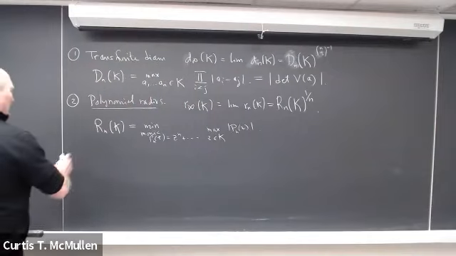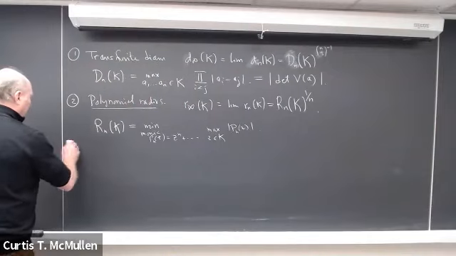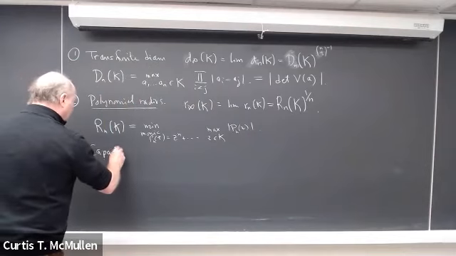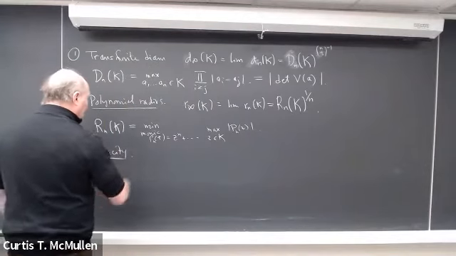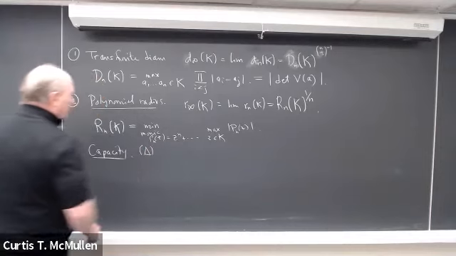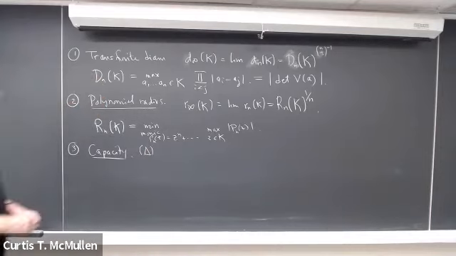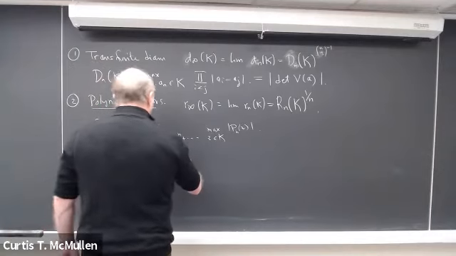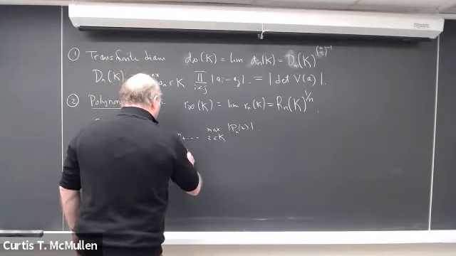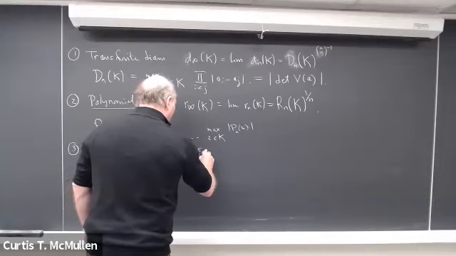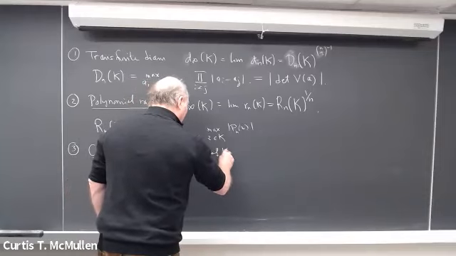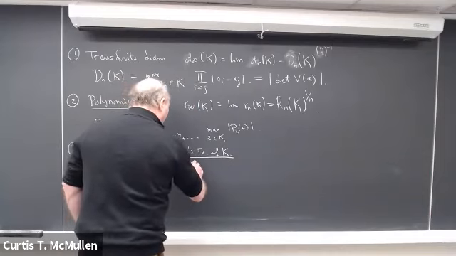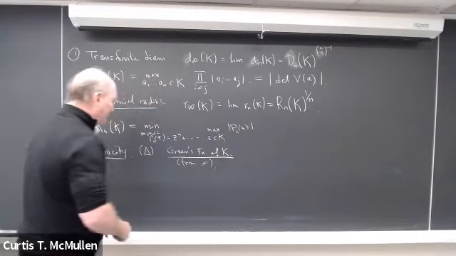And then finally, we're going to introduce a third method, which is called capacity. And this will use the Laplacian. Let me just, for completeness, say up front what the definition will be, and then we'll discuss it in more detail. We look at the Green's function from the point at infinity, in a way I'll explain.